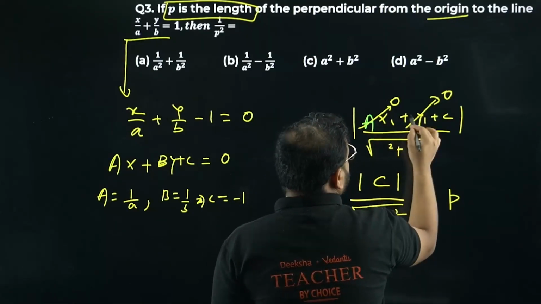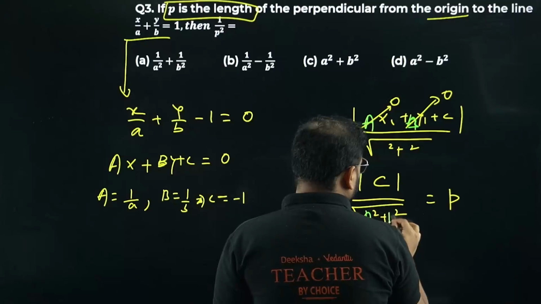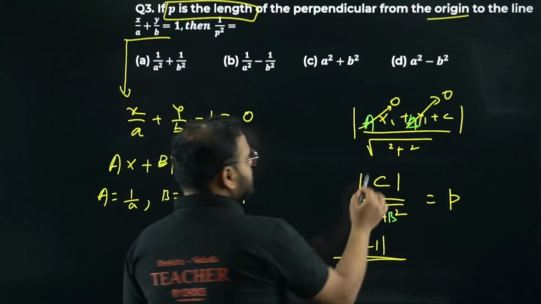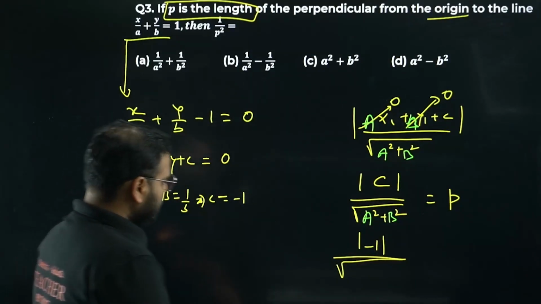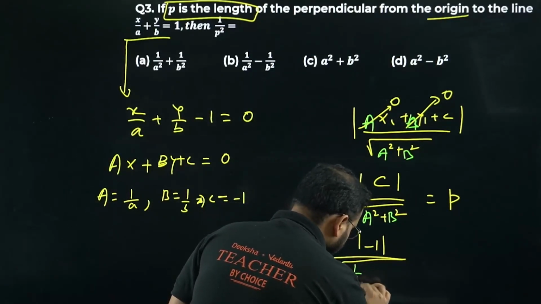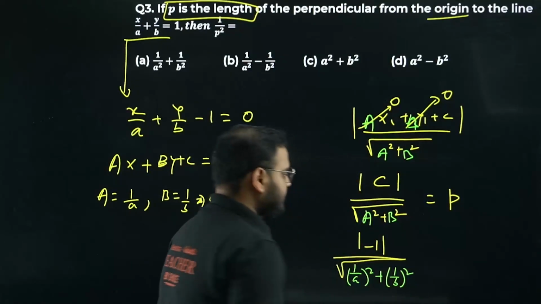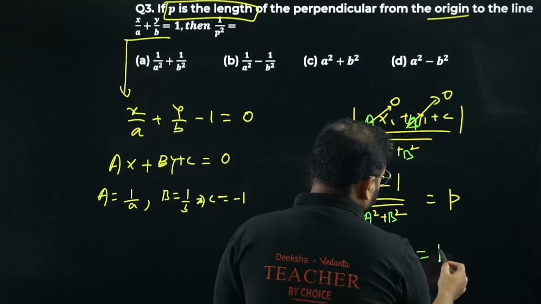So we have A, B, A square and B square. Not a big deal. What do I get now? The A value is 1 by A the whole square plus 1 by B the whole square, giving me this as equals to P.